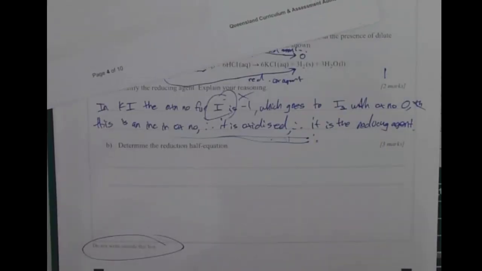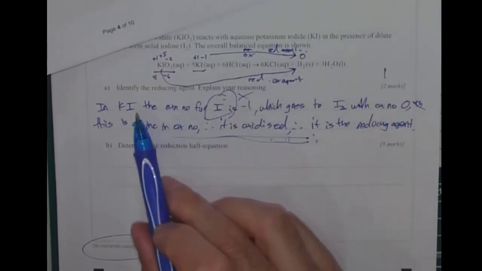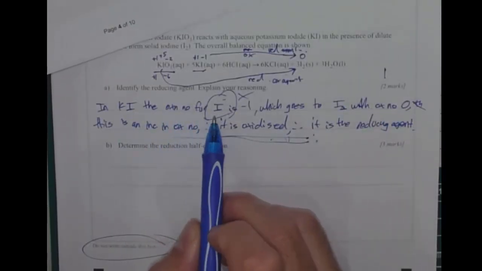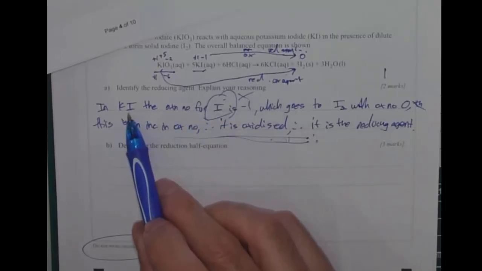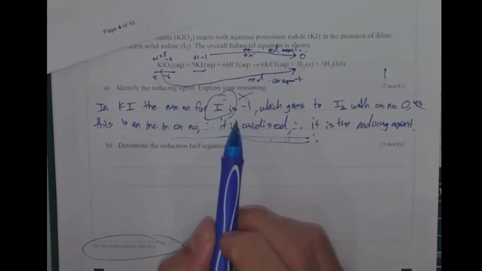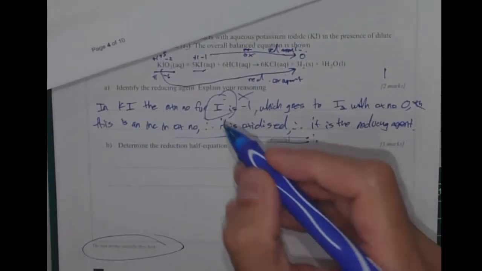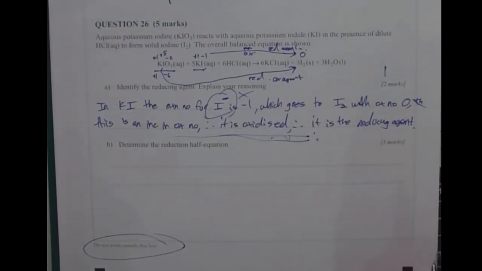Be really careful in differentiating between the iodine and iodide. If I said the oxidation for the iodine in potassium iodide, the iodine in potassium iodide is an ion, they might let you get away with it, but because I didn't write I minus, I would lose a mark. So learn your lesson. That's being careless.